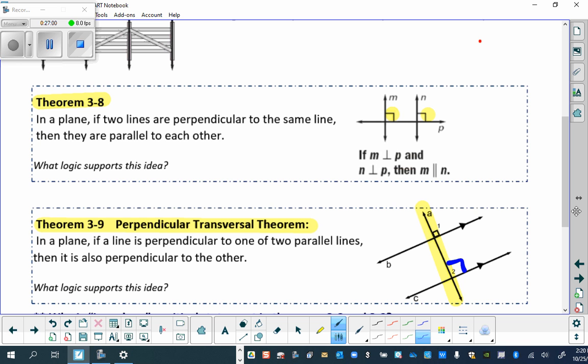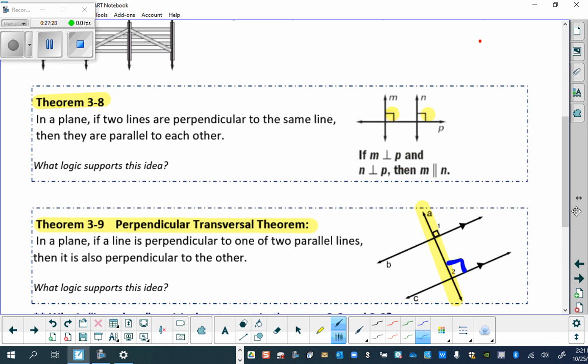Check out this one. Ready? Hey, Sumner. Thanks. Here's our next one. In a plane, if 2 lines are perpendicular to the same line, they're parallel to each other. Would you please, with your pens and pencils in your group, go ahead and show me a perpendicular set of lines?